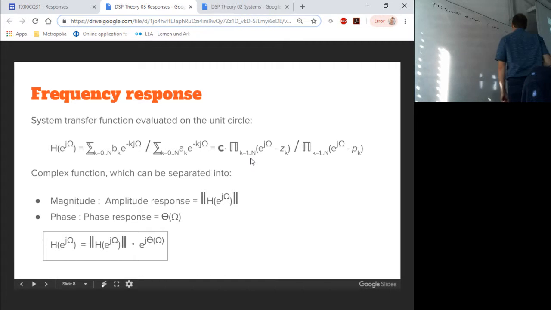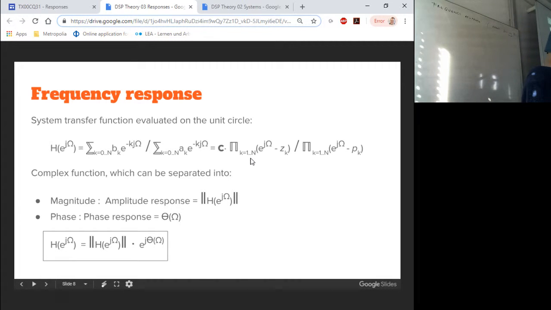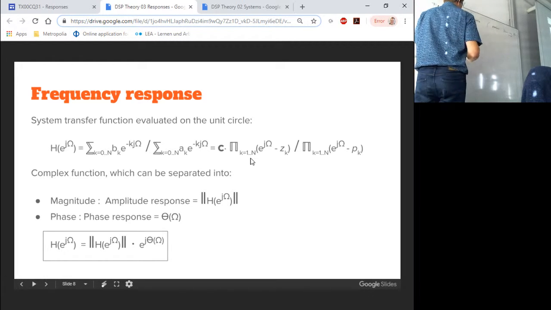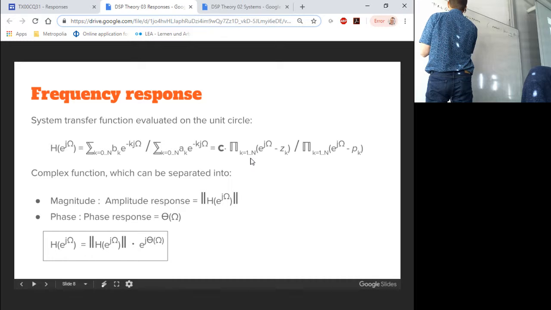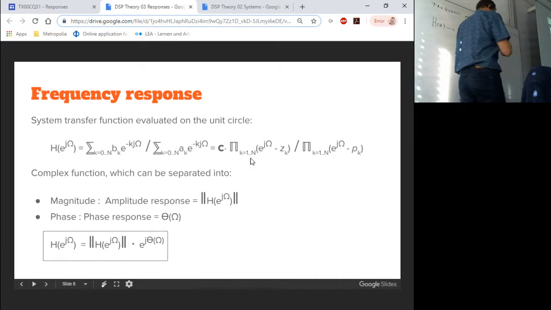That's in the analog domain, but in discrete time systems, instead of H of S, we have H of Z, that rational polynomial. And basically, we get the transfer frequency response. Now I should be careful, actually, on the markings.